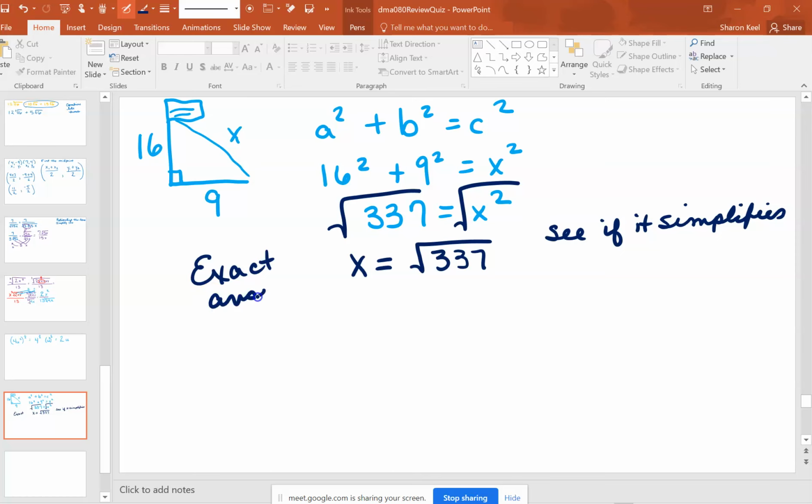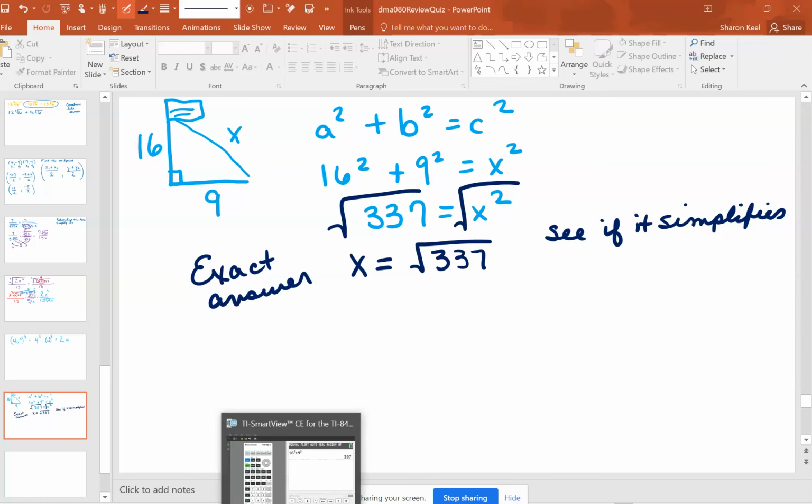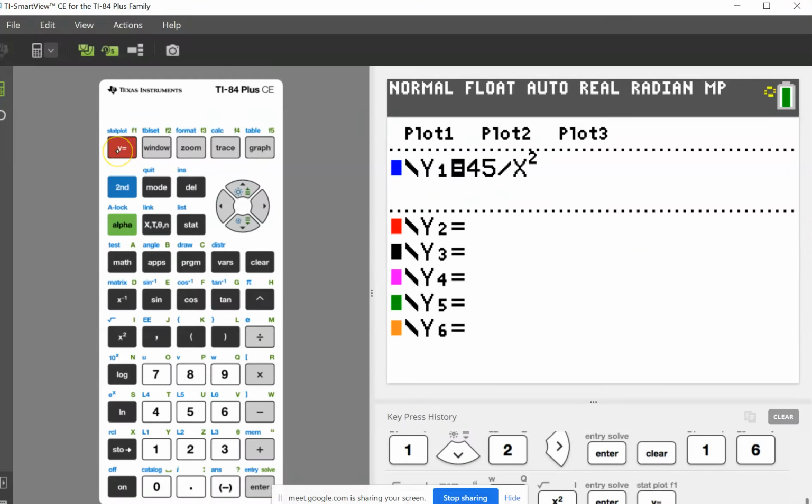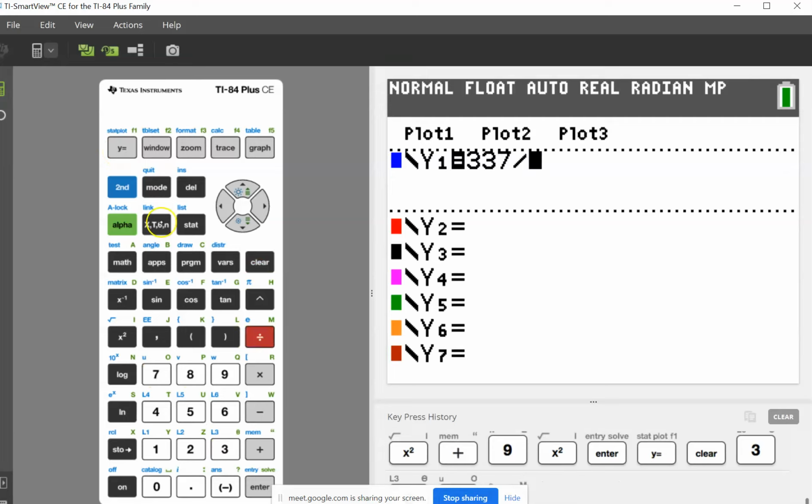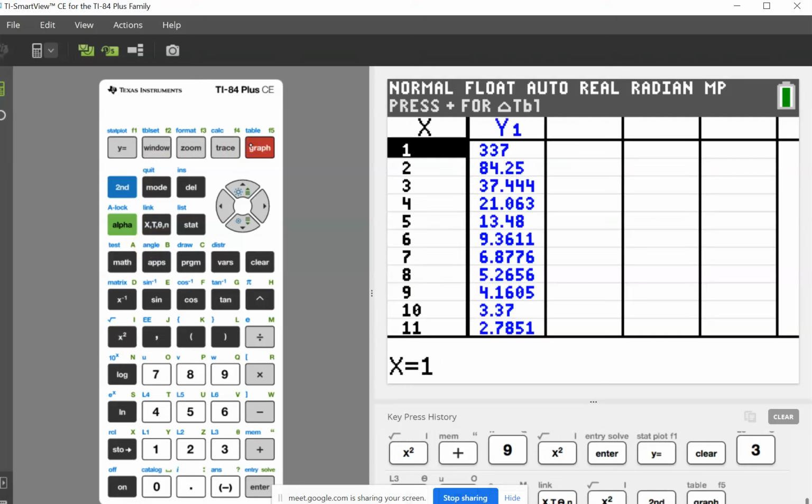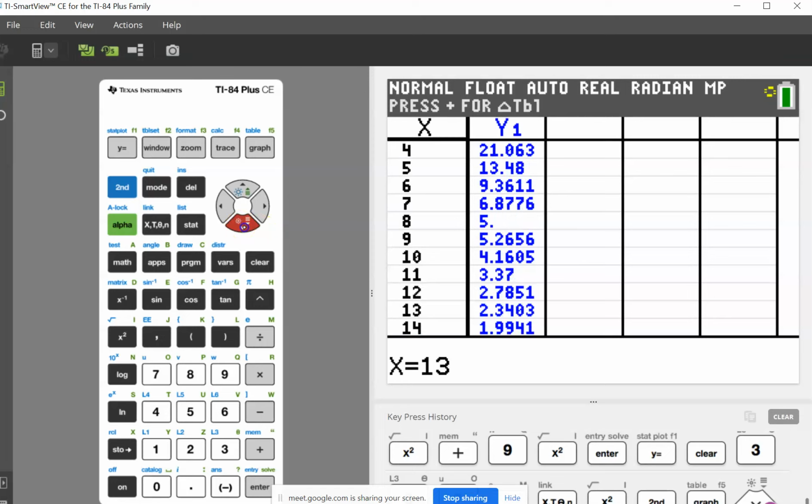For the exact answer, let's go to our calculator. At y equals, clear, you're going to do 337 divided by x to the second power, second table. We're going to look in the right column, and I've got to go way down and see if there is a 1. Okay, a 1 should be in here.